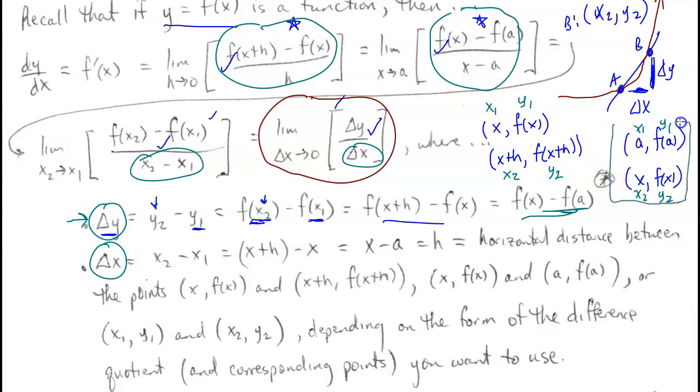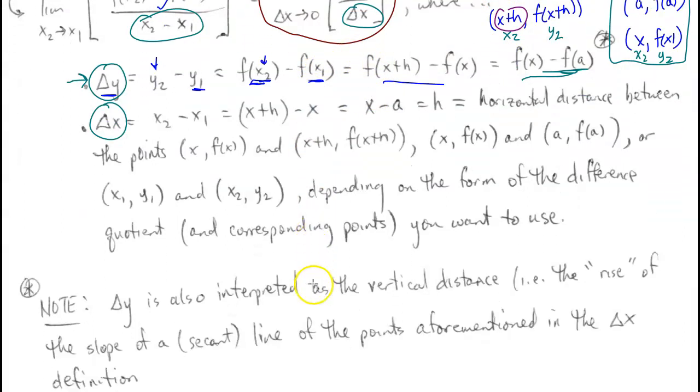In this form of the points, this is one x value, that's the other. And here, this h that you see is actually the difference between x plus h and x, okay? Because the difference between this and this is just going to be h.